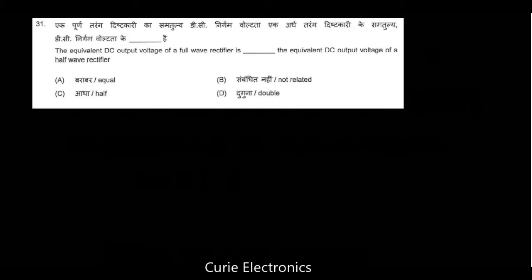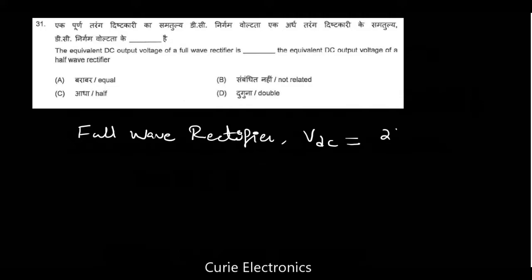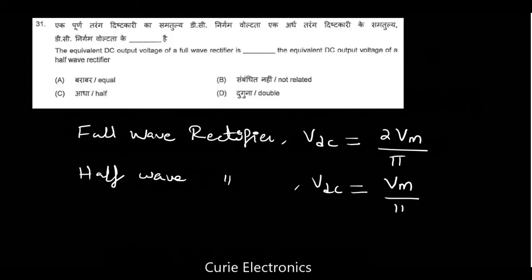For a full-wave rectifier, VDC, that is V out, equals 2 Vm upon pi, and for a half wave rectifier VDC, that is the output DC voltage, equals Vm upon pi.